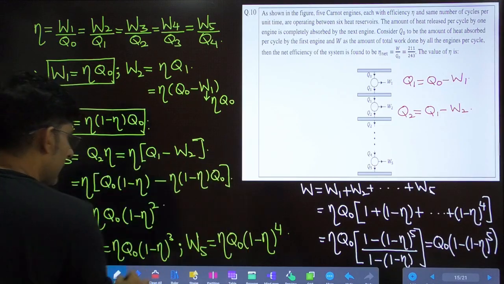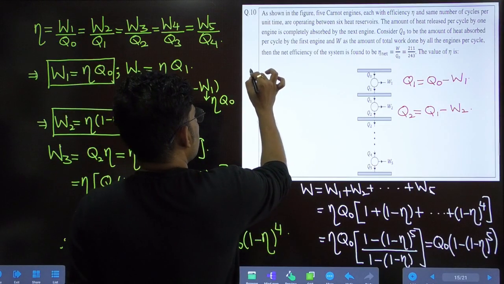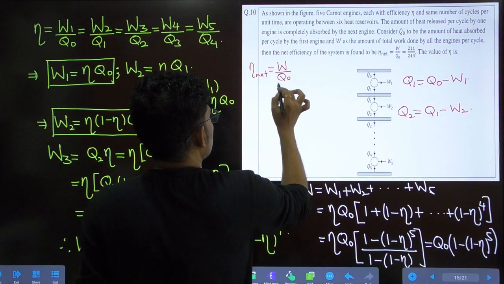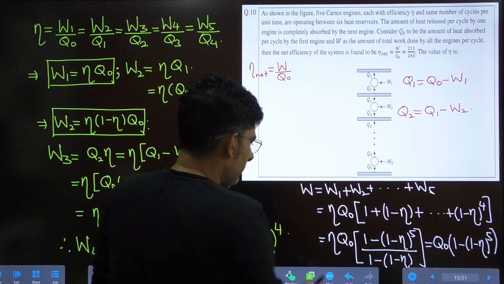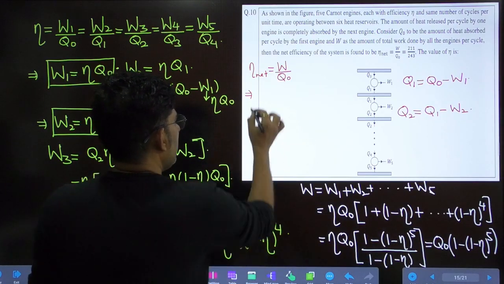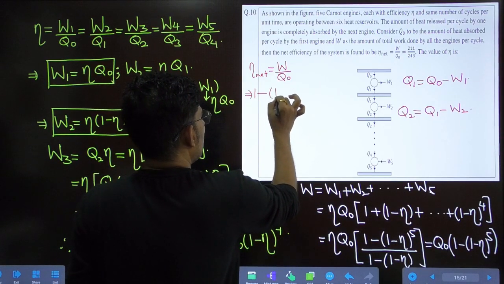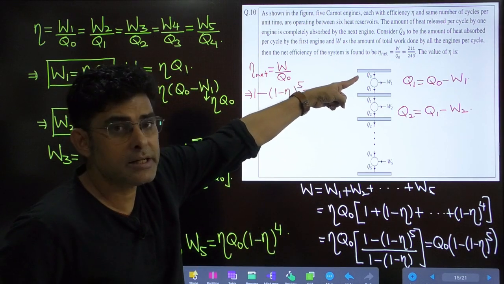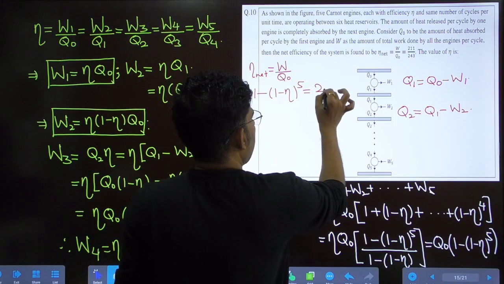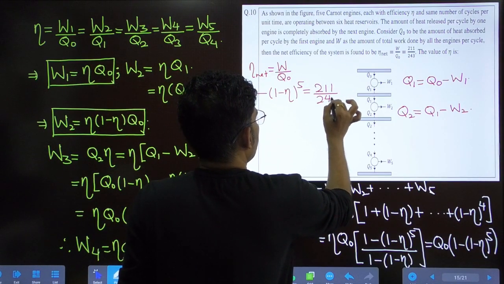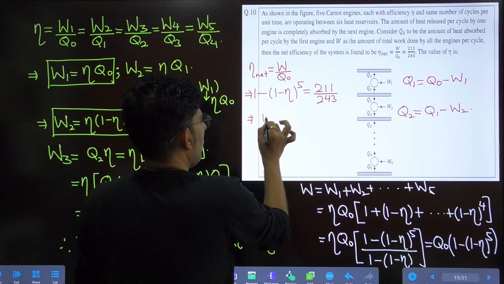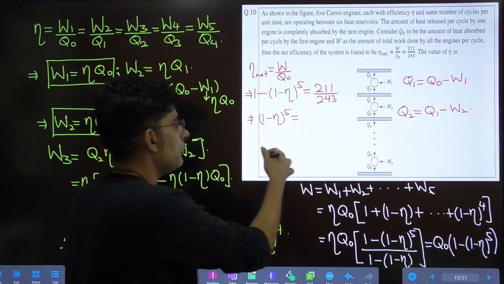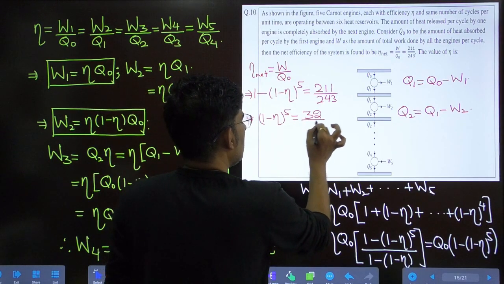Now coming to the final part, net efficiency is W by Q naught. When we divide W by Q naught, we get 1 minus eta power 5. This value they have mentioned as 211 by 243. So 1 minus eta power 5 becomes 1 minus 211 by 243, which is nothing but 32 by 243.